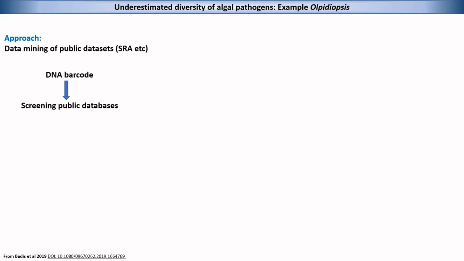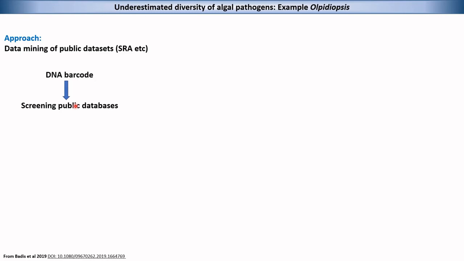So my colleagues have developed a different approach of in silico data mining of publicly available data sets. Once you have the DNA signature of your pathogen of interest, you can use this signature to detect homologous sequences from large meta-barcoding and meta-genome data sets.